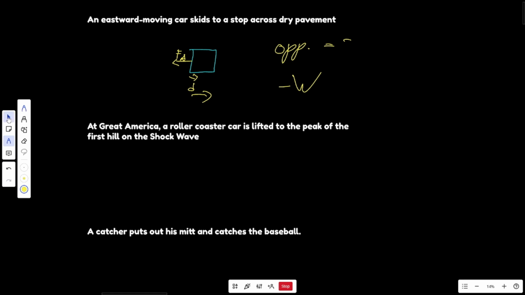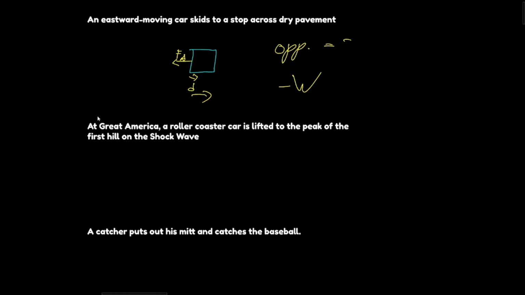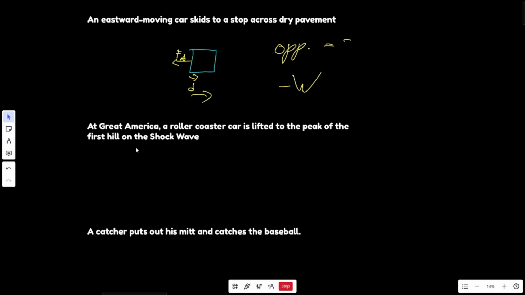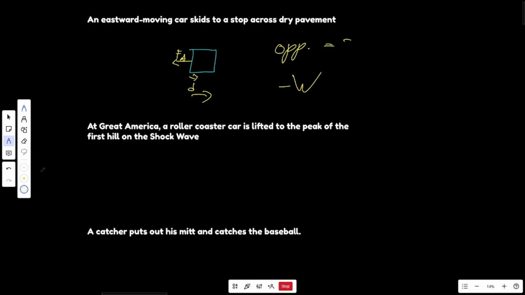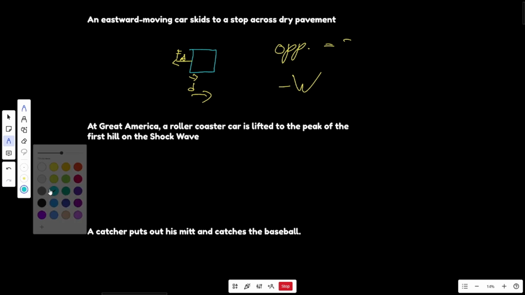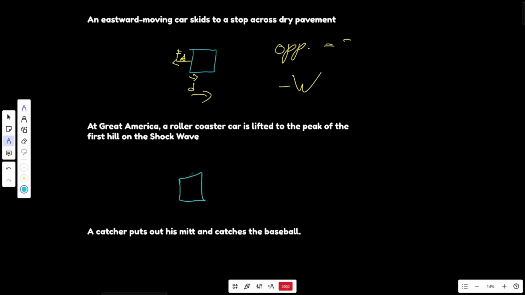Now, next question. At Great America, a roller coaster car is lifted to the peak of the first hill on the Shockwave. I don't know what that is, but basically it's a roller coaster, so it's being lifted. Now, is there positive work being done? First thing to see is, where is the roller coaster going? The roller coaster is going up, so let's not make it complicated with a slanted arrow.